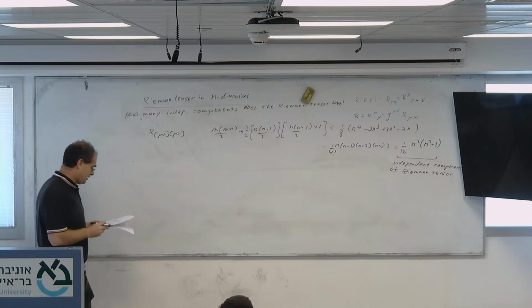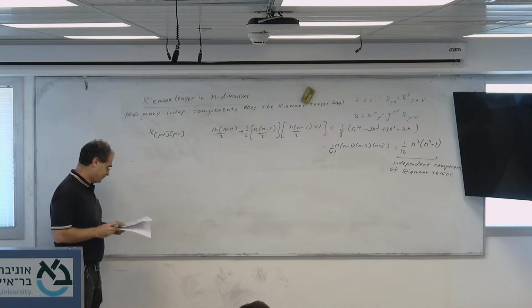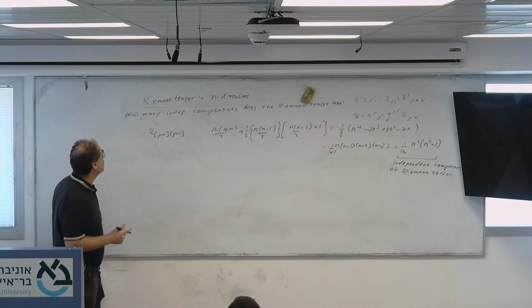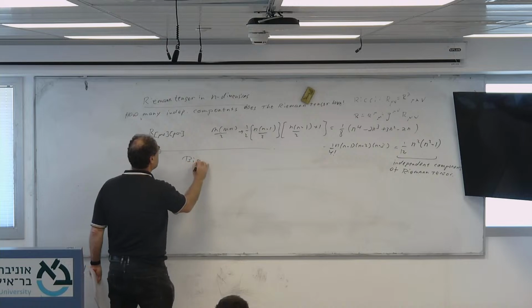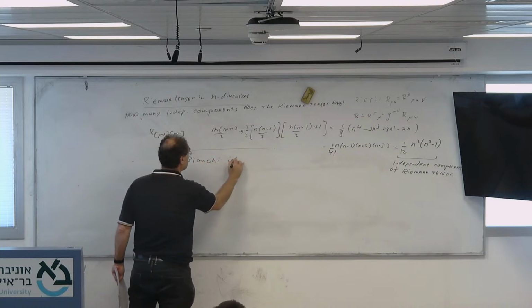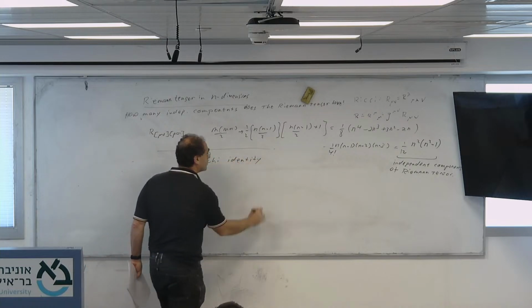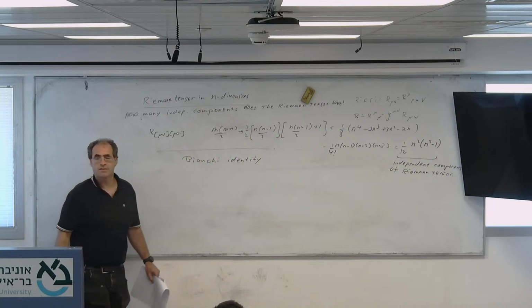Okay, so there is another identity, but it's a differential identity. And the name is the Bianchi identity. Again, there are many Italians in this business.